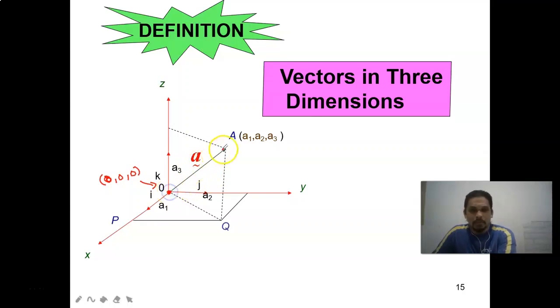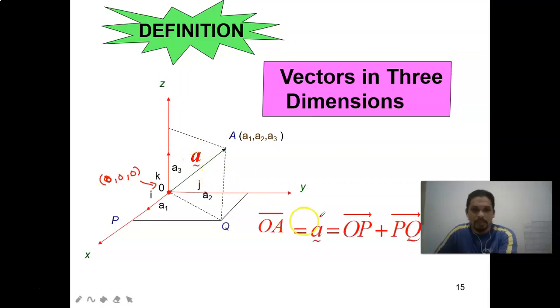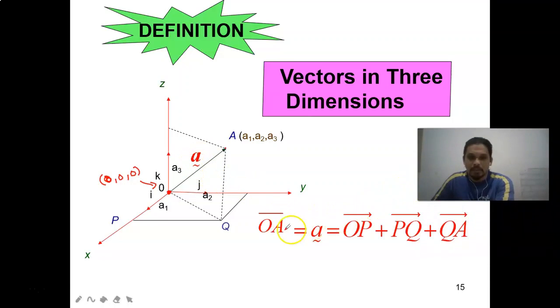From O to this point A, we denote it as the vector A. Look at this one here now: O to A equals O to P, plus P to Q, and Q to A.